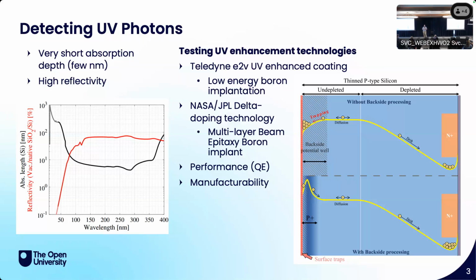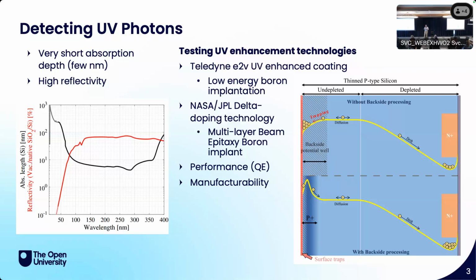Teledyne E2V has their own UV enhanced coating where they put a boron implantation in using low energy boron implantation, and that gives you a dopant that's about 40 nanometers deep, and then by doing an etch of the surface, you can reduce that layer where photons will recombine with the surface.